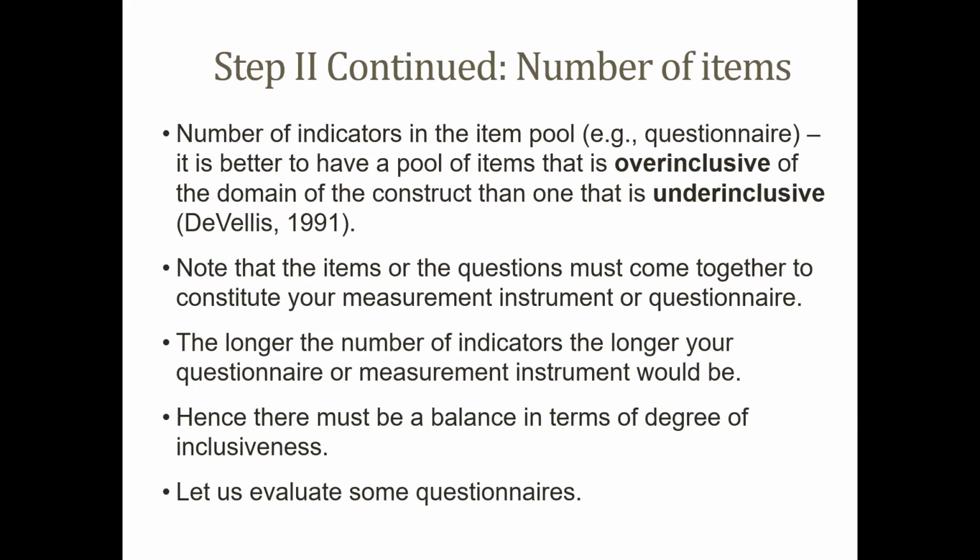For some constructs, you don't need up to that. But you just give yourself that flexibility, because at the end of the day, you might end up dropping some of the measures during your measurement evaluation or validity establishment.